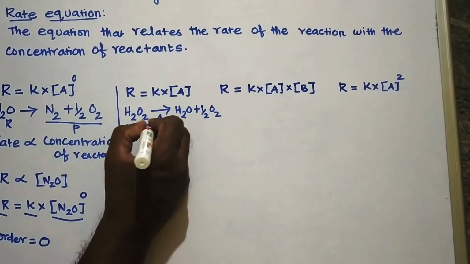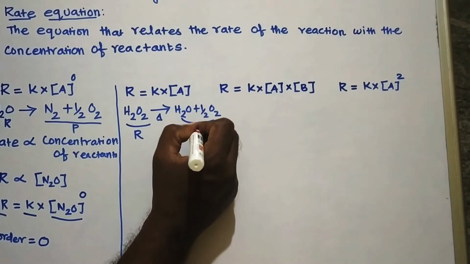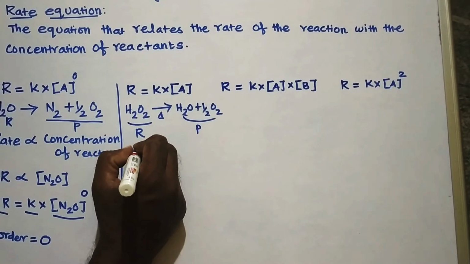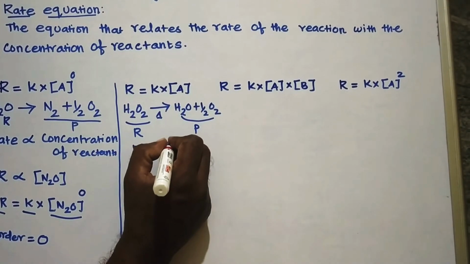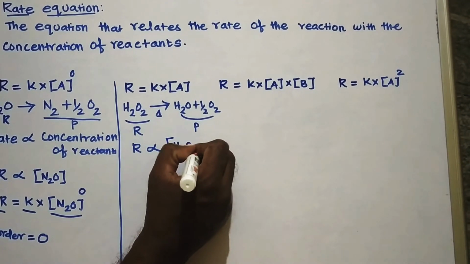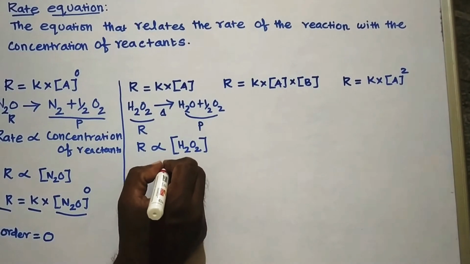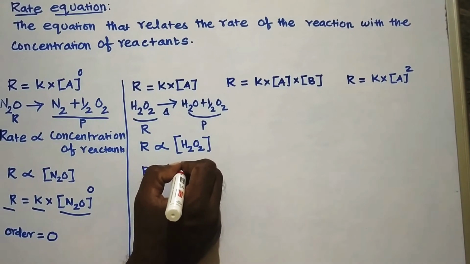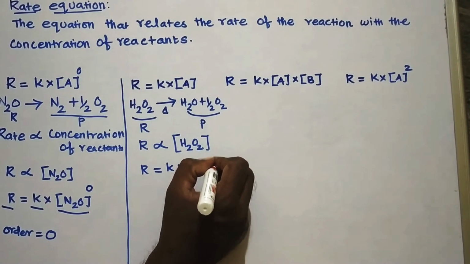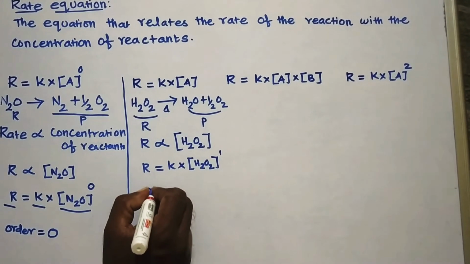Here H2O2 is the reactant, and water and half molecule of oxygen are the products. Then the rate is directly proportional to the concentration of H2O2, that is hydrogen peroxide. Then R is equal to K, the proportionality constant called the rate constant, into H2O2.